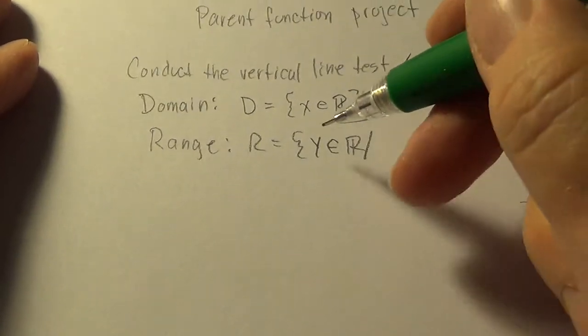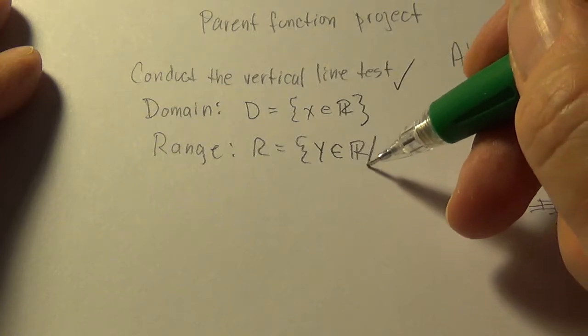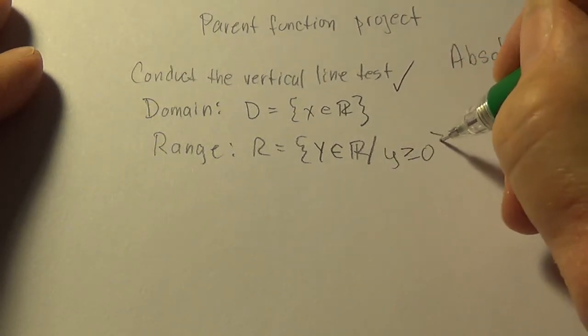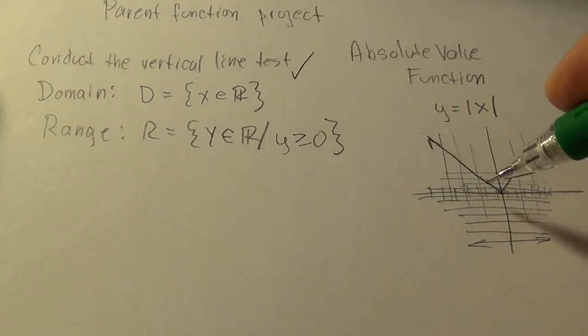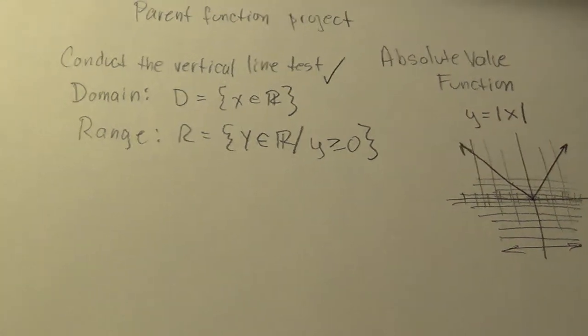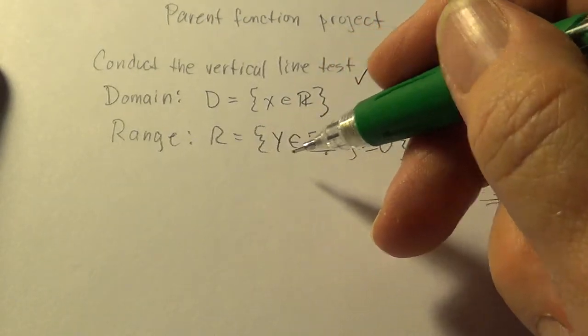So we're going to say y is an element of the reals such that y is greater than or equal to 0. So from 0 on up is our values for y that will connect to our graph. So that's the range, and we say it in this fancy pants way.